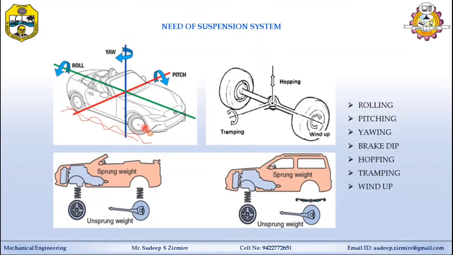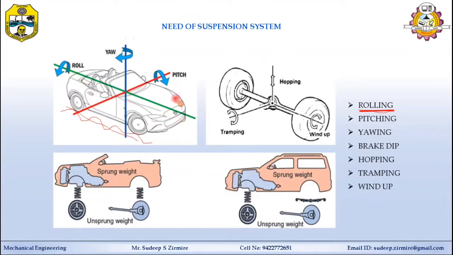So friends, we are going to learn the different parts related to this suspension system. First one is rolling. What is meant by rolling? Here you can see, I am going to increase the width here. Rolling is about the longitudinal axis of the vehicle, from front side to rear side.